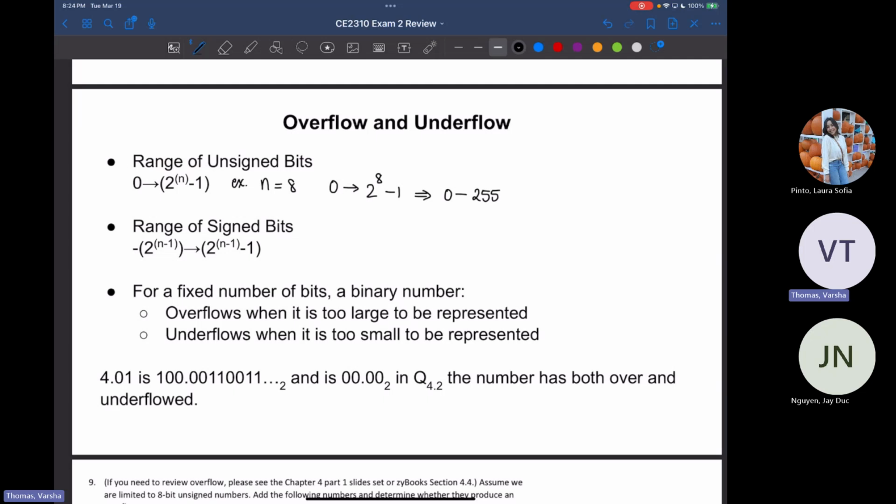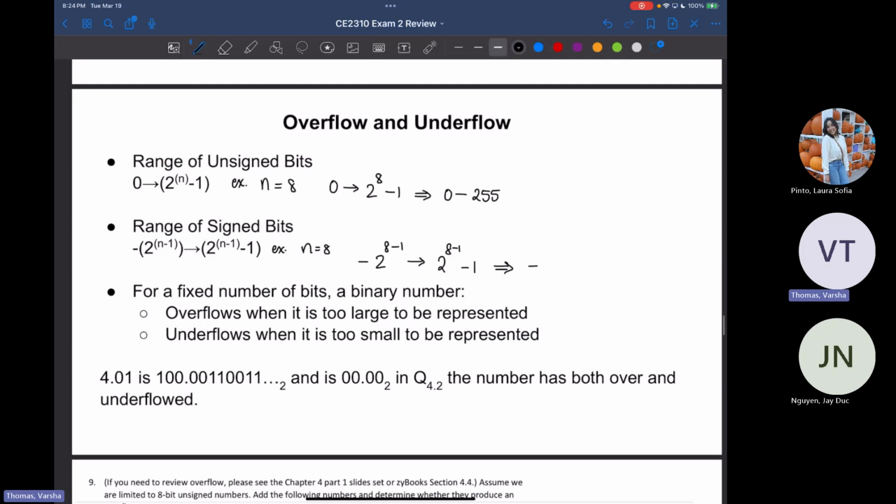Okay. When you have signed numbers, with, let's just say, the same n equal to 8 bits, your range is going to be different because you have to represent both negative and positive numbers. So what you have, I'm going to put my negative sign here, negative 2 to the 8 minus 1, all the way to positive 2 to the 8 minus 1, which means you can represent numbers from negative 2 to the 7.